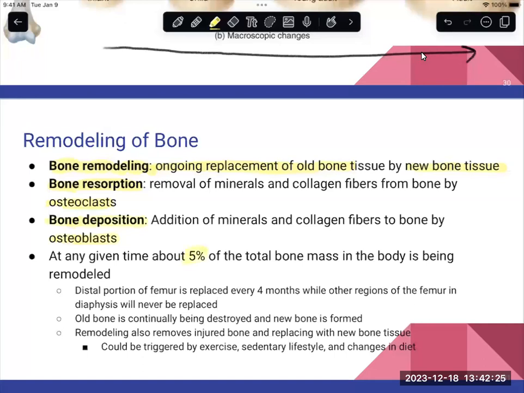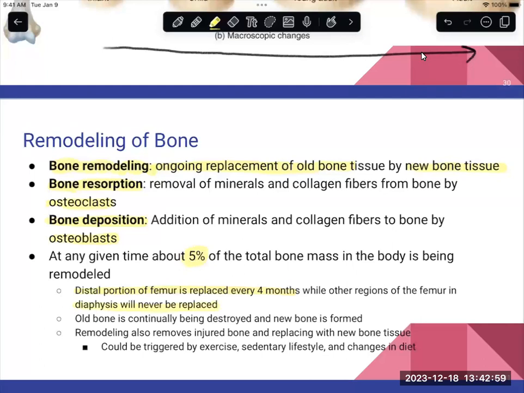So there's about 5% of your bone mass being remodeled at this moment. Here are some just interesting cool facts. The distal end of the femur is replaced every 4 months. So the bone that makes up the top part of your knee, that's replaced every 4 months. That's kind of cool. But your diaphysis will never get replaced of that same bone.